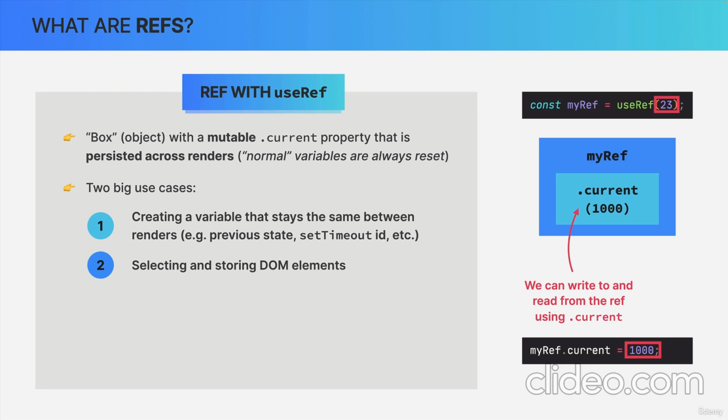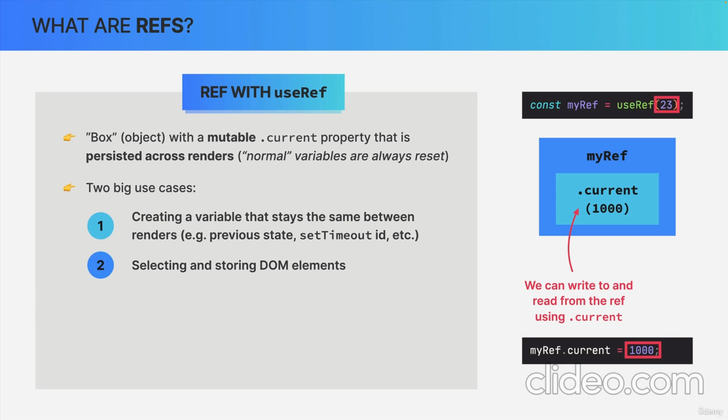So this is what we attempted to do in the last lecture, and which actually brought us to this lecture. So just like the ID of a setTimeout, a DOM element is also a piece of data that we want to store and preserve across renders. And so refs are perfect for this.